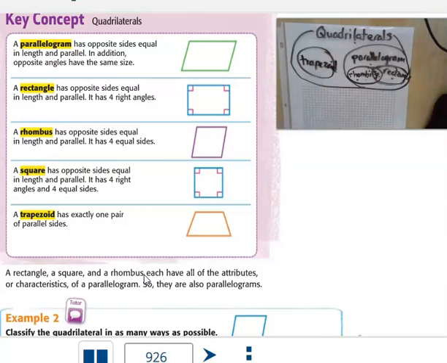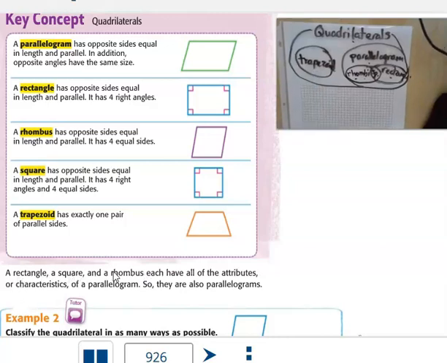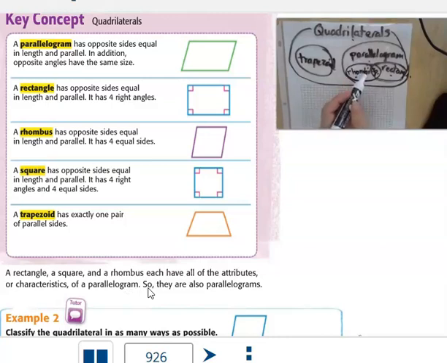So that makes a trapezoid. A rectangle, a square, and a rhombus each have all of the attributes or characteristics of a parallelogram. So they are all parallelograms. That's what I'm showing here. Hopefully that makes some sense and helps you organize your thoughts for the different shapes and understand how they fit together and their relationship.